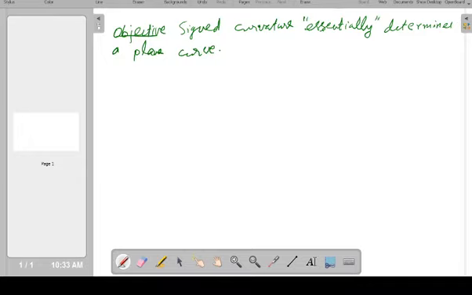Before that, we need to do a few things.